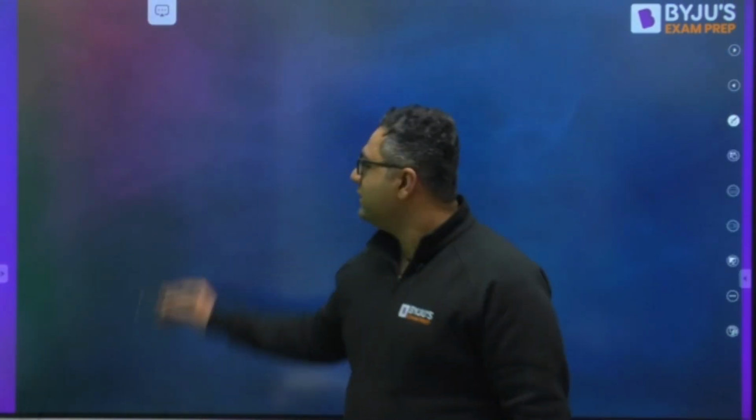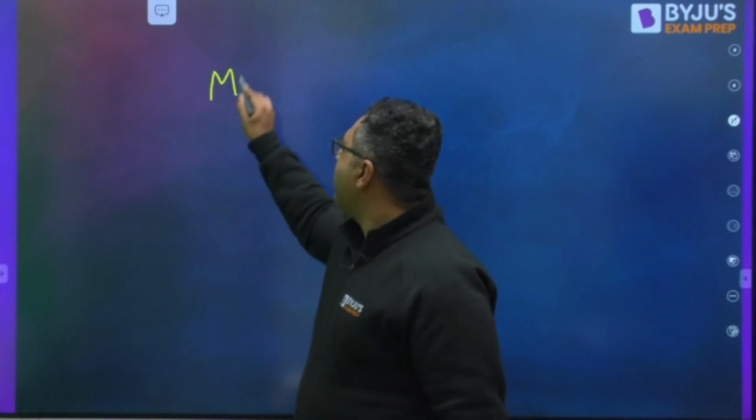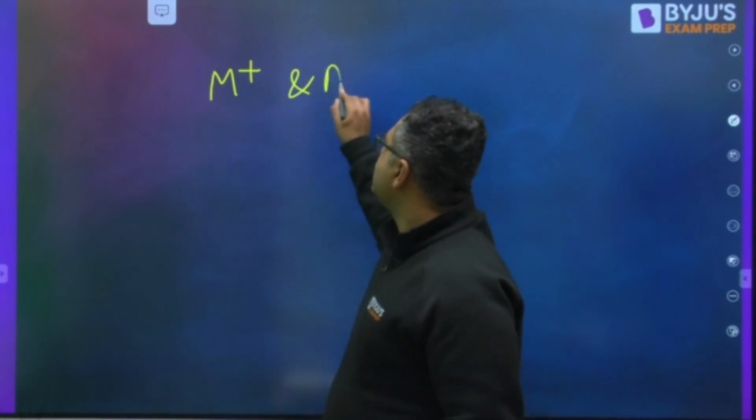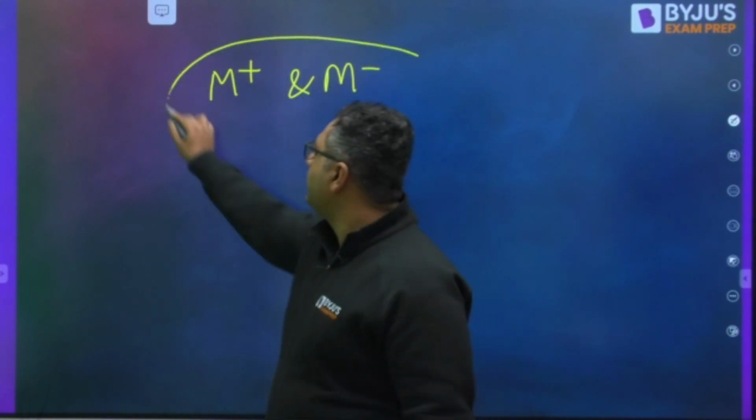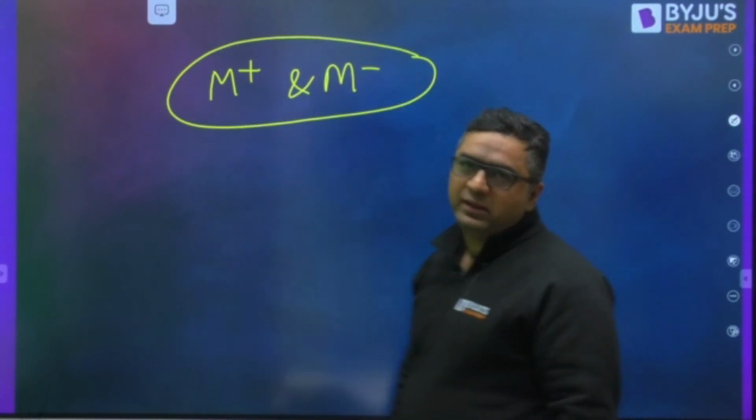So guys, now we will see how to utilize M plus and M minus. These features are very helpful if we have a very big expression.